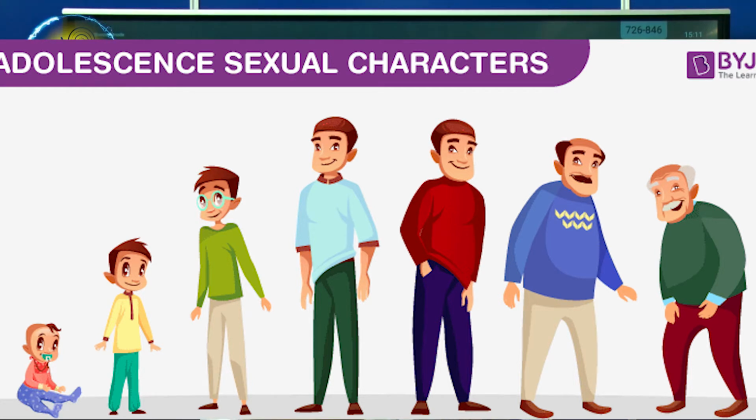It takes a long time. It is not a quick response. You find as you are growing, you start developing your mustache, your shoulders become broader. These are some of the actions of these endocrine glands.